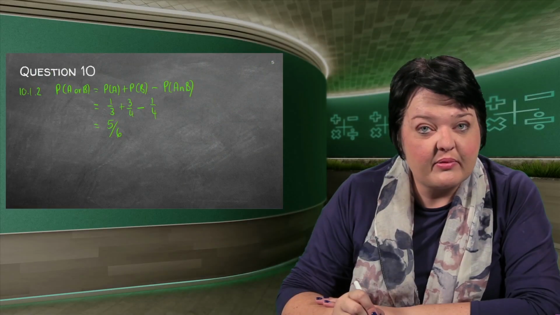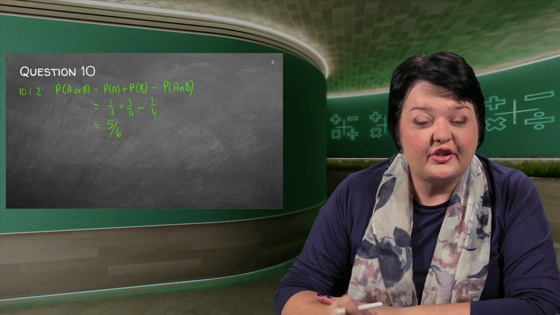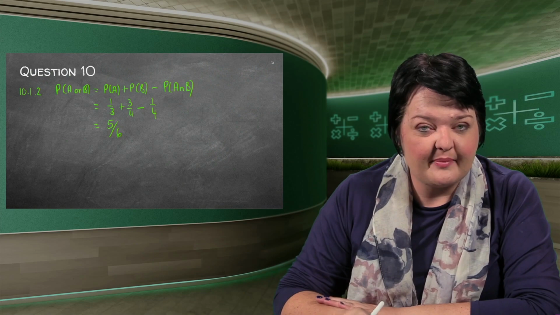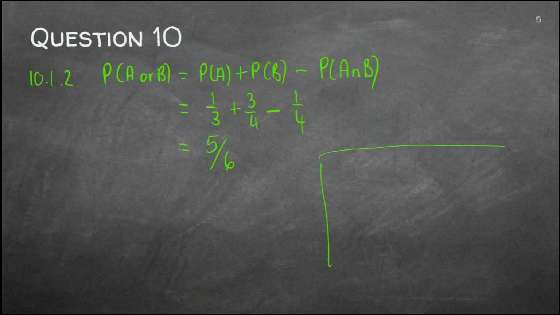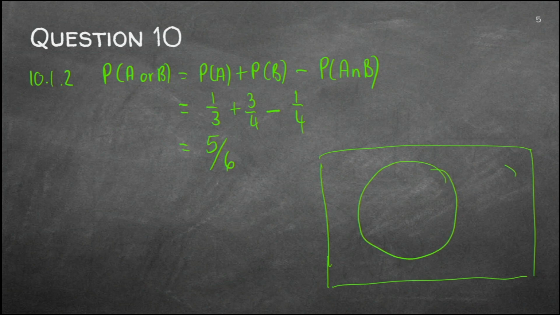Now, very important, if you wanted to do it graphically with a Venn diagram, you were more than welcome. It would have been easy. So there's just a few things we need to see. Because we know it's independent, we know there's a section where it overlaps. So if this is A and this is B, we know the overlap is a quarter.